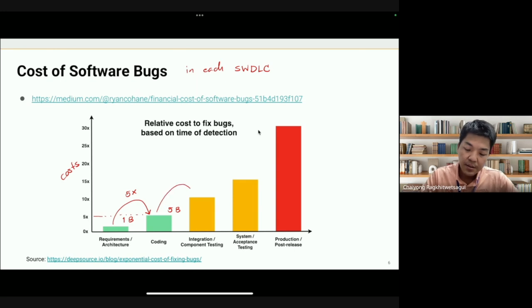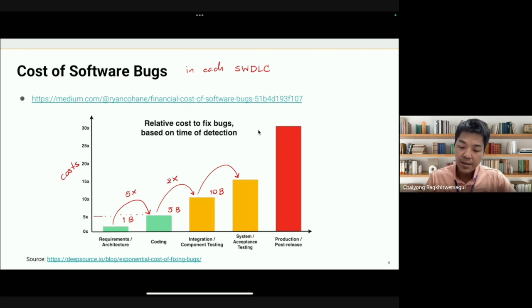If you leave the bug undetected until the integration testing phase, when you try to include multiple modules together and check whether they work together correctly, that would cost you 10 baht, which is twice the cost of fixing a bug during the coding phase.